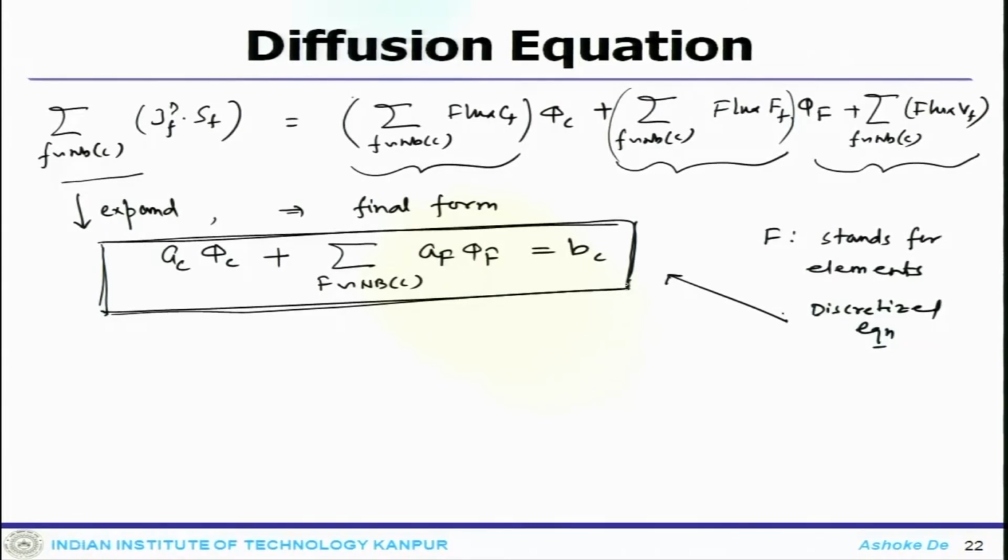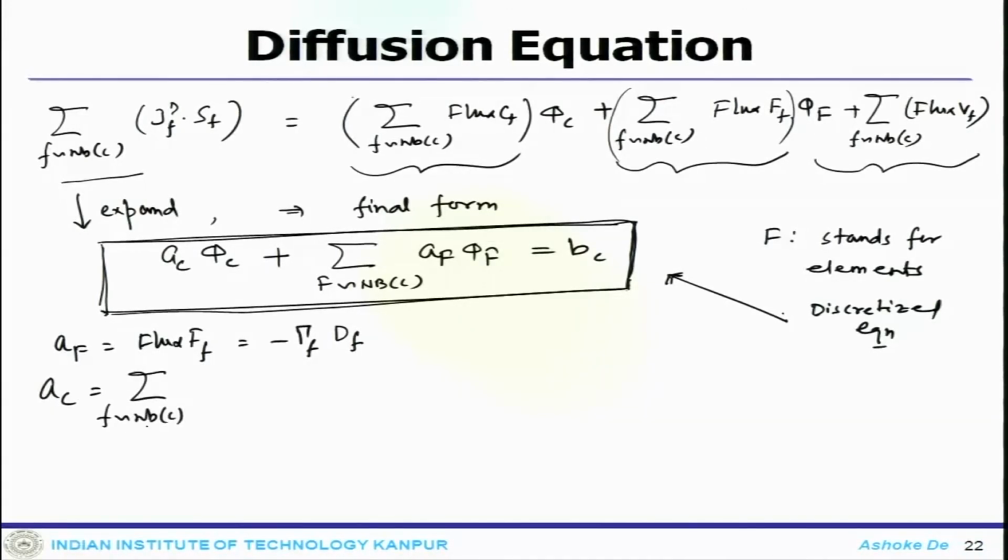Mathematically they look similar, only differences will come in these coefficients. This allows you to have a discretized equation which looks similar and can be applied to all sorts of systems, which is much easier for computing purposes.